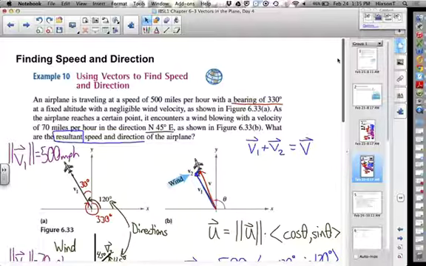They're both significant. The magnitude and direction is maybe a little easier for us to understand initially, but the component form allows us to see how they interact with each other, because it's easier to do the vector addition and whatnot, okay?